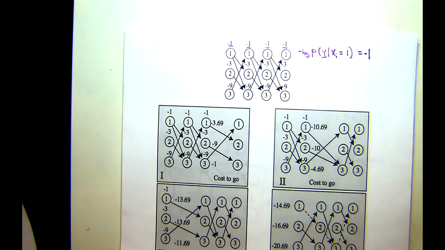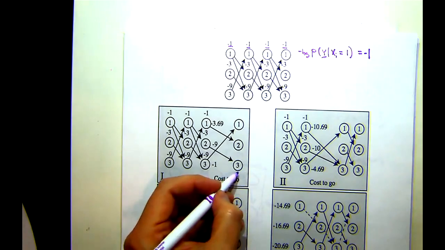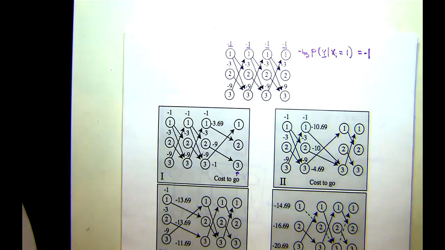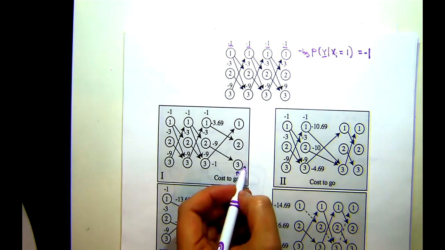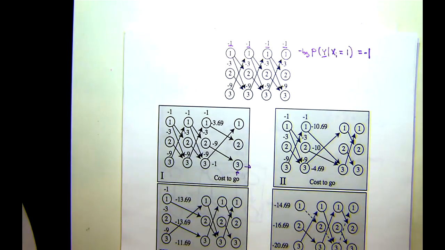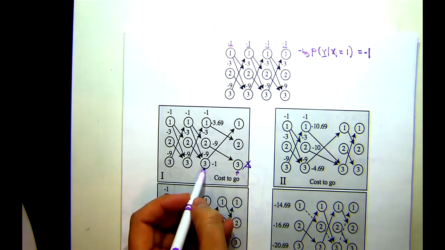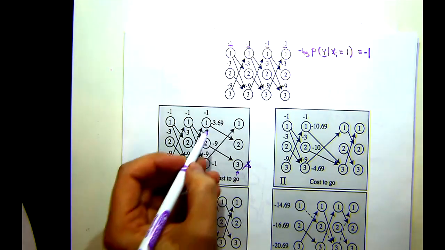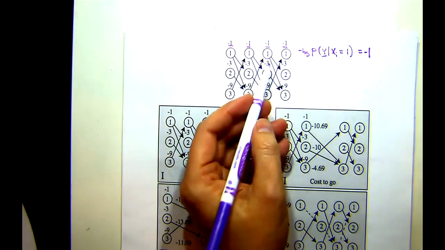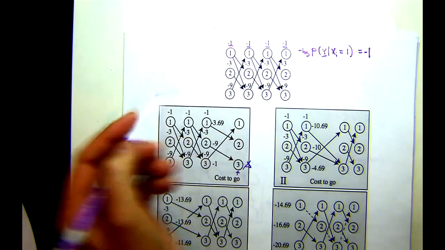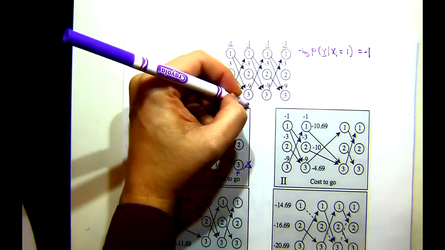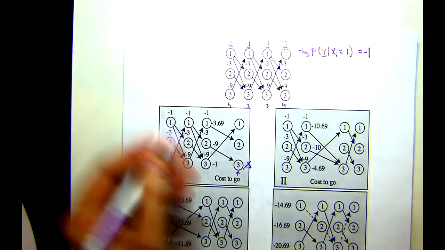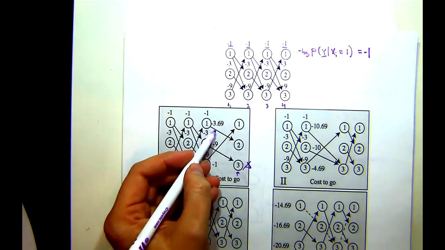The first thing we do in the dynamic program is look at this last row, and we can basically ignore it. These are terminal states, so there is no cost to go out of them, and no value leaving them. So really we start here, and we start calculating the cost to go for each of these edges. The only way we can leave state 1 at time 3, where the times are 1, 2, 3, 4, is this way.